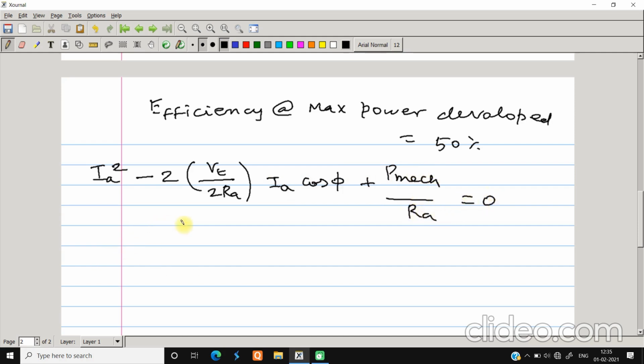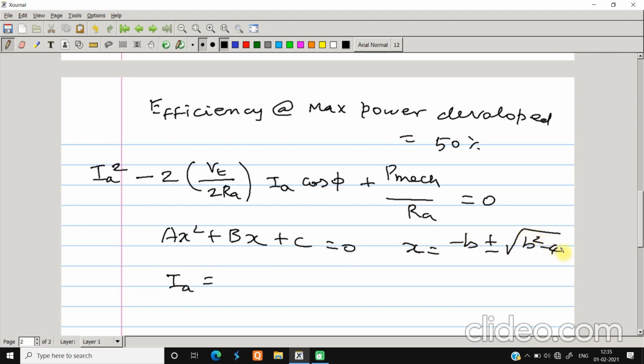So by treating this as a quadratic equation, that is ax square plus bx plus c equal to 0, the root of this equation can be found out by x equal to minus b plus or minus root of b square minus 4ac divided by 2a.